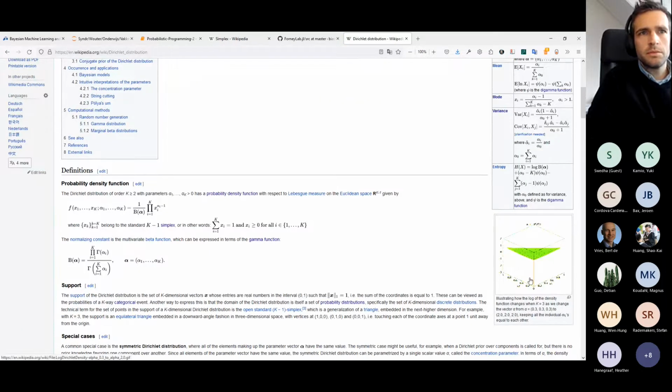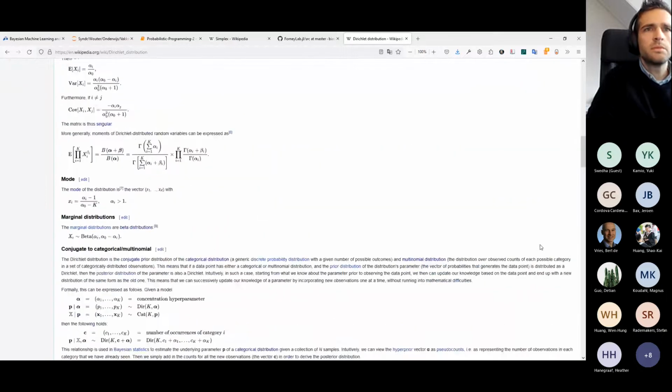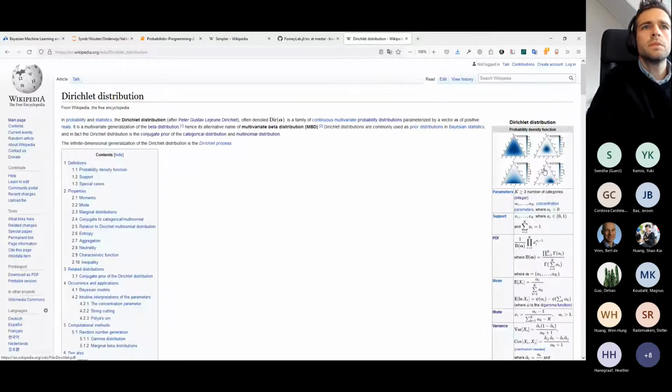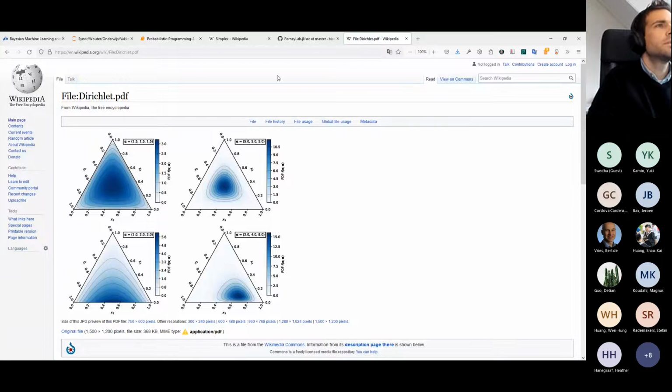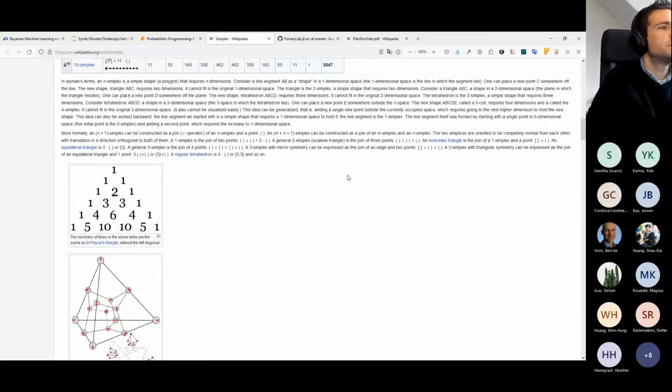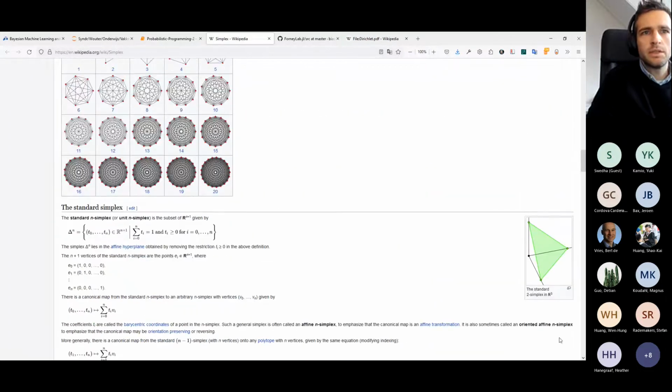Oh, here it is. Okay, so I stole this particular picture from the Wikipedia page that describes a simplex.